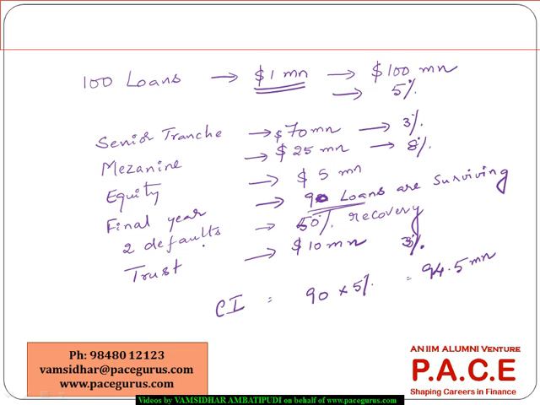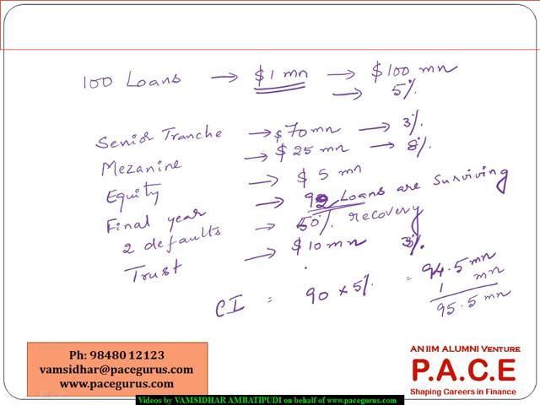And at the same time, this period, there were 92 at the beginning of the period, out of which 2 have defaulted. For those 2, I am going to recover only 50%. So 1 more million is coming as a recovery for those 2, finally coming up to 95.5 million.